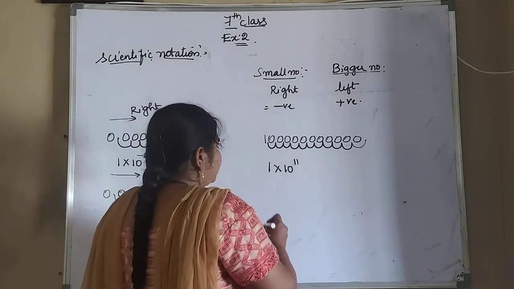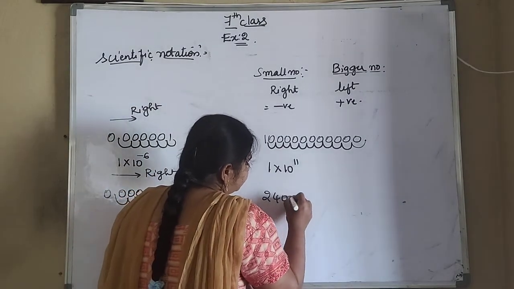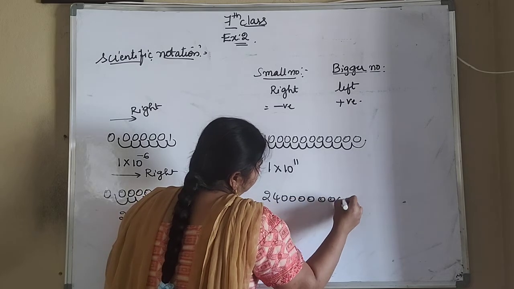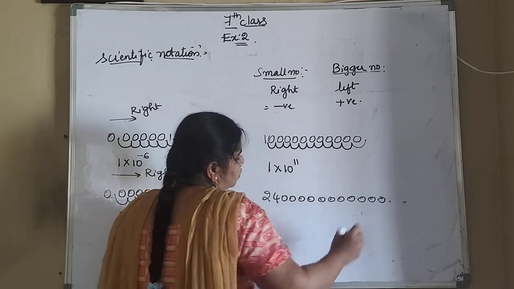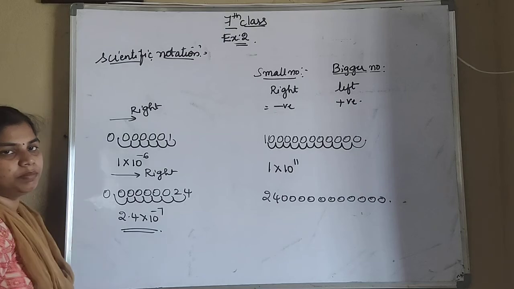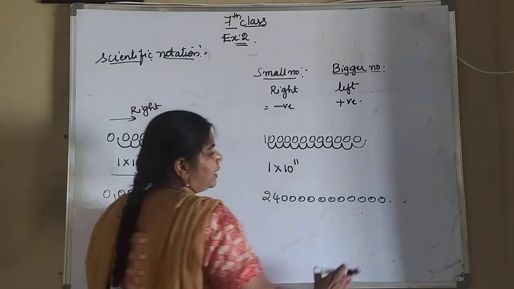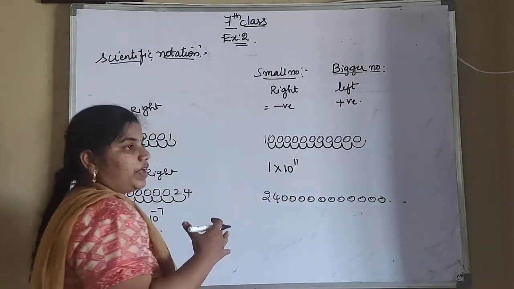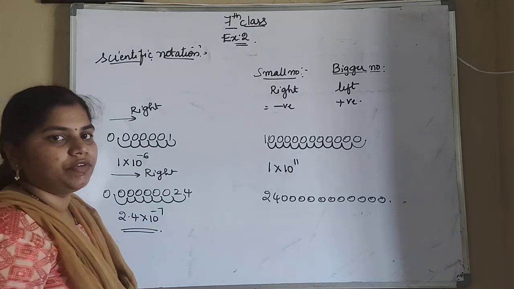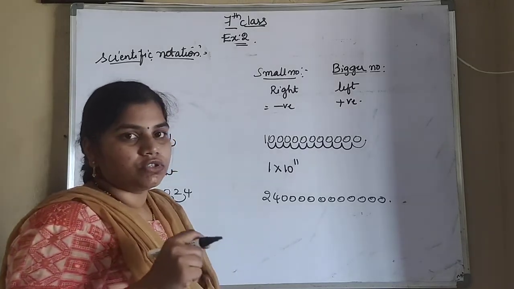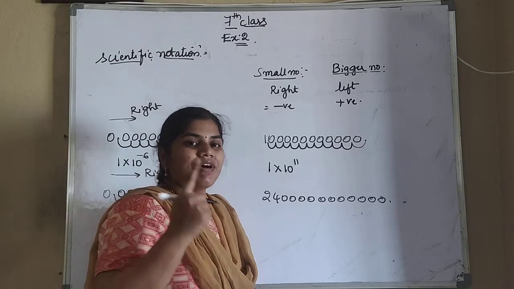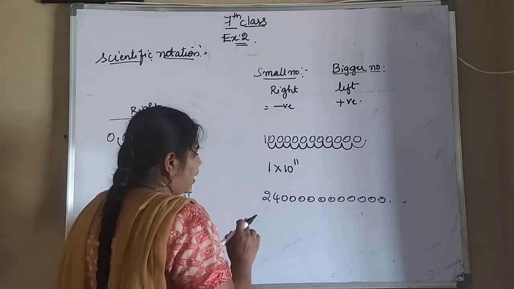One more example we will take. This is the biggest number. The point is now at the last. We have to convert this bigger number into scientific notation. Before only one digit you have to stop the point, that means till here.